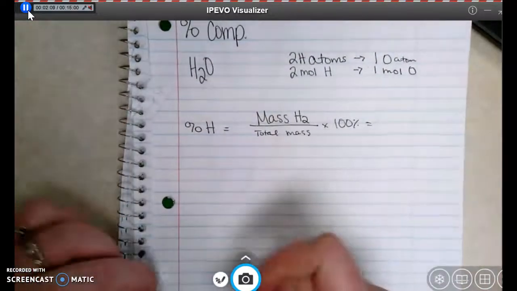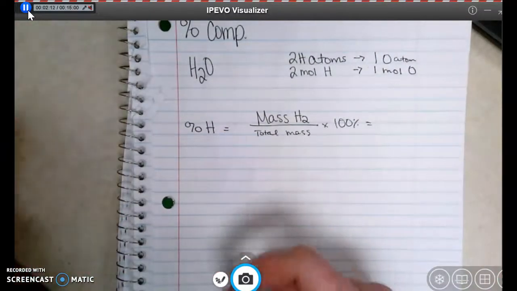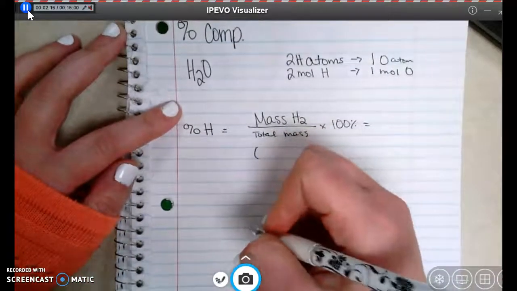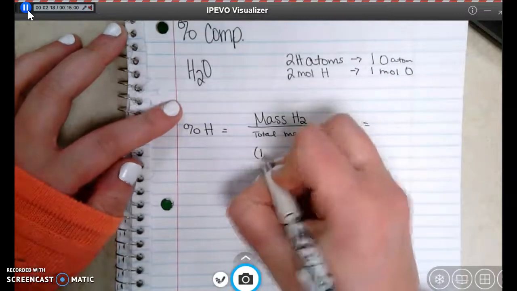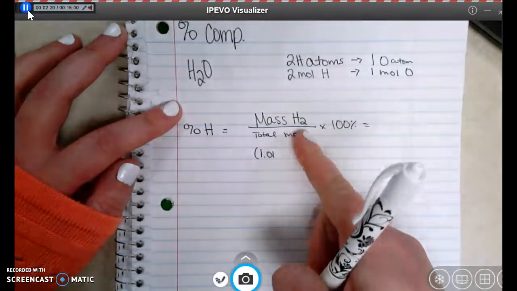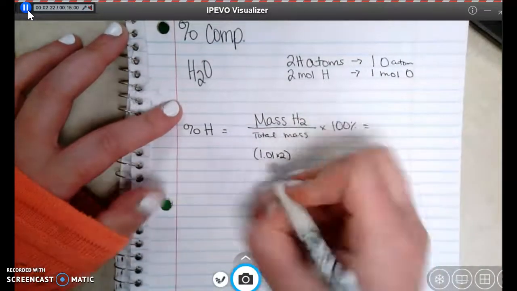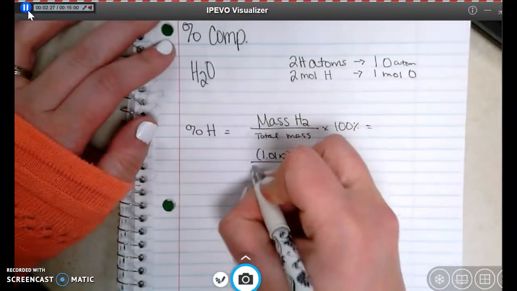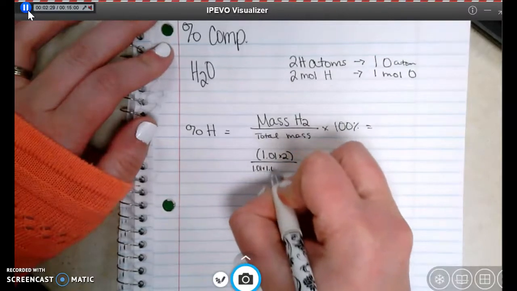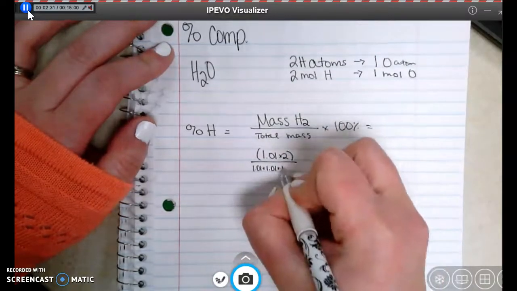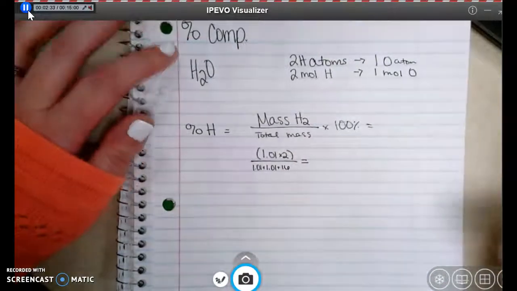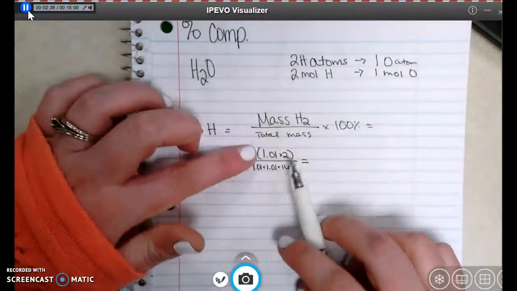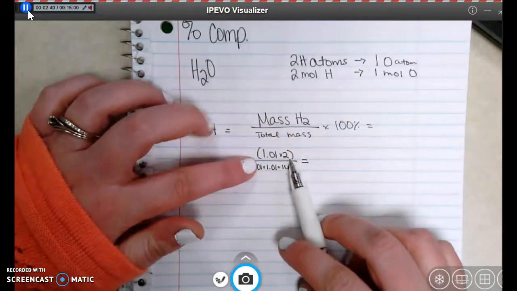Let's start plugging in some numbers. The mass of a single hydrogen is 1.01, and I have 2 of them, so I multiply that by 2, and divide that by my total mass, which is 2 hydrogens plus 1 oxygen. When I plug that into my calculator, the bottom part equals 18.02, and the top part is 2.02.